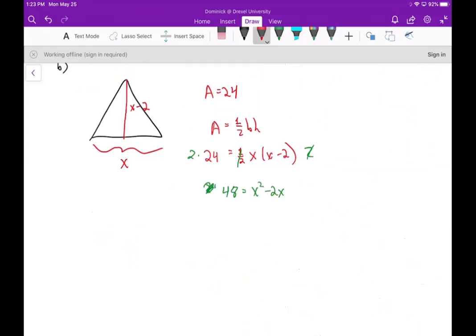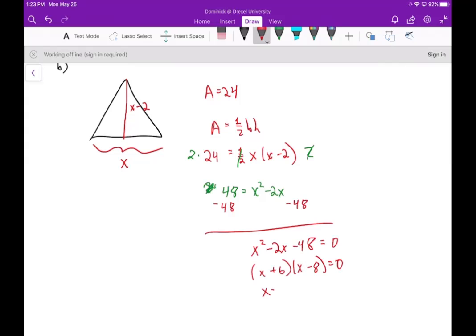So if we move the 48 over, we get x squared minus 2x minus 48 is equal to 0. And of course, we can factor this as x minus 8, x plus 6, equals 0. So we get x is either negative 6 or x equals 8.